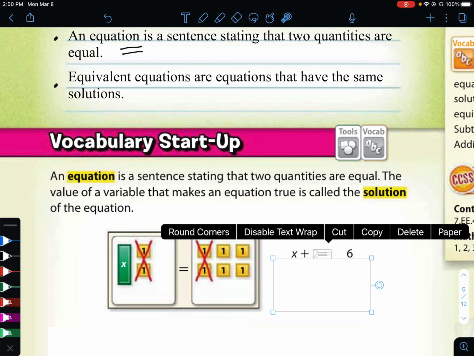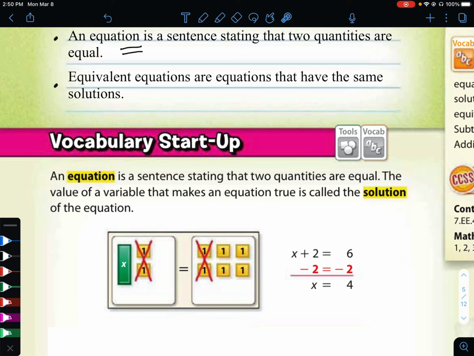And if you notice, there's an x on the 2, which means you subtracted 2 from both sides of the equation. When you subtract 2 from both sides, you end up with x because the 2 goes away. 6 minus 2 equals 4. So x equals 4. The value of x is 4.